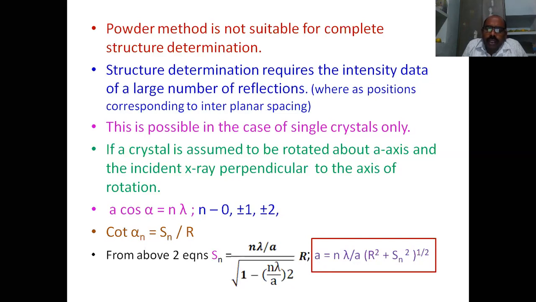Again we tilt the crystal such that we can rotate about the C axis. In that way we get the lattice parameters A, B, C. From that we come to know the dimensions of the unit cell and hence the structure of the material.